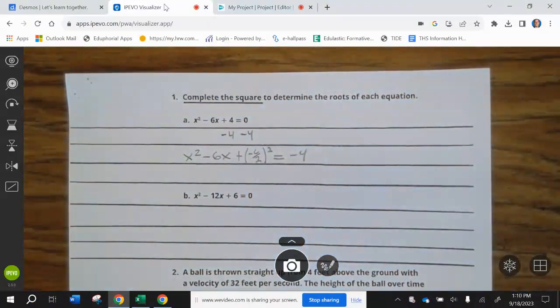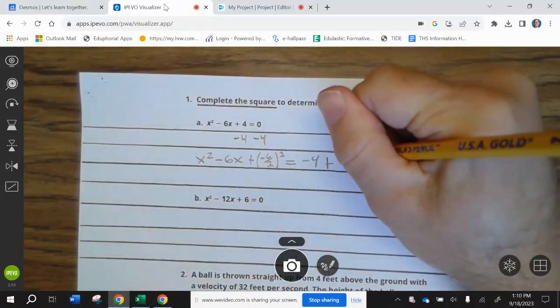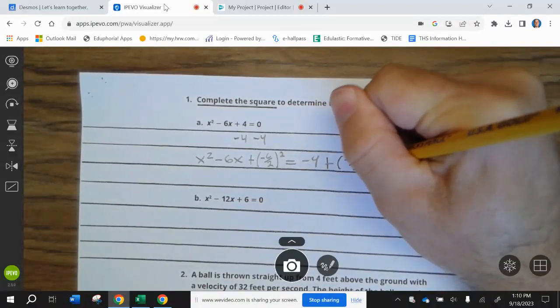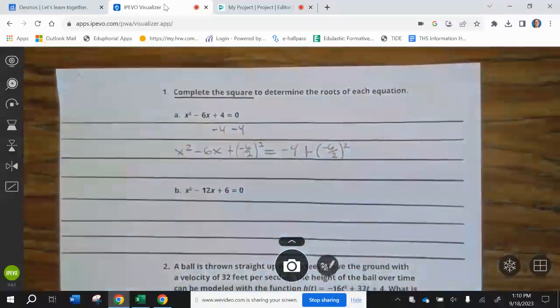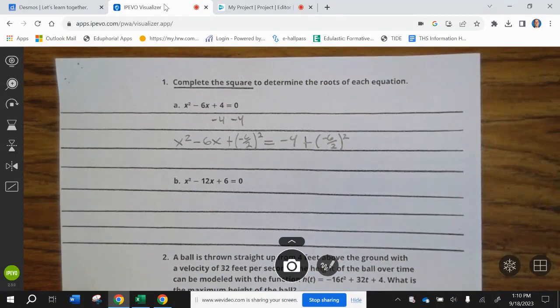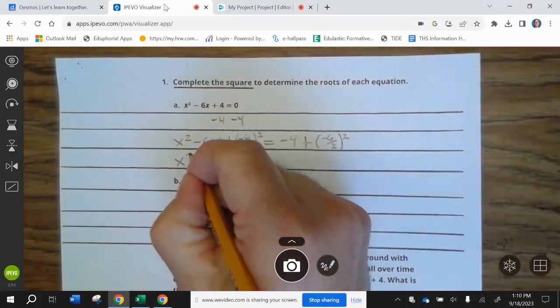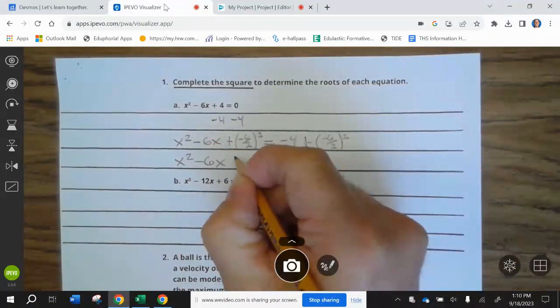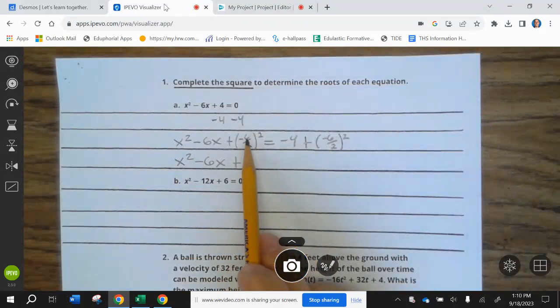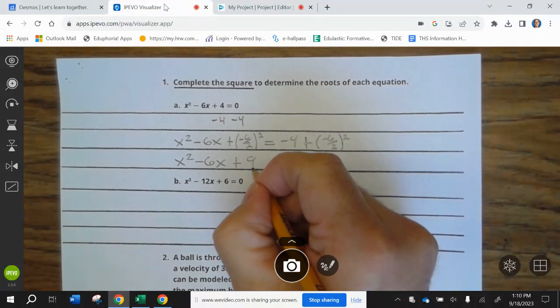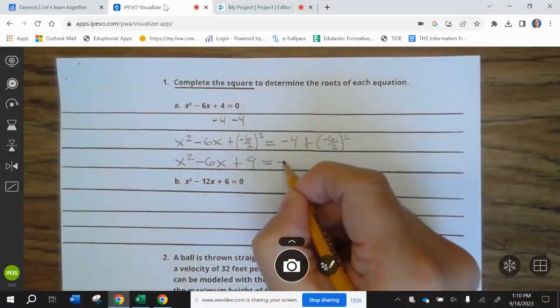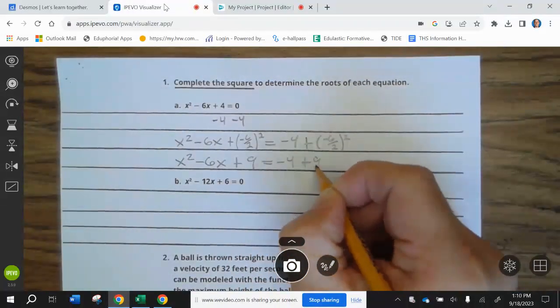But if you add something to one side, you also have to add it to the other side because of equality. Okay? So you have x squared minus 6x plus negative 6 divided by 2 is negative 3. Negative 3 squared is 9 equals negative 4 plus 9.